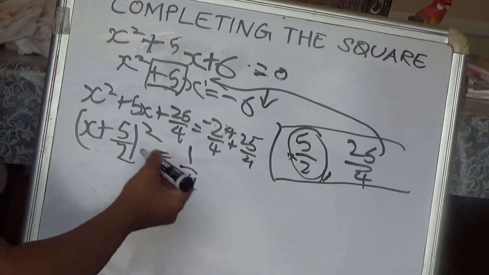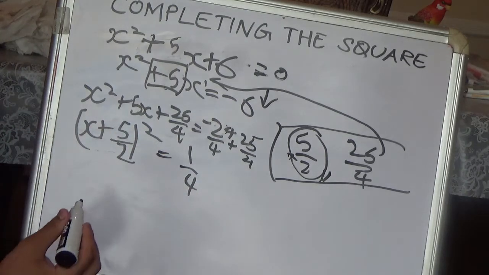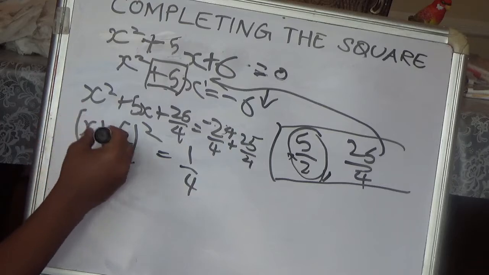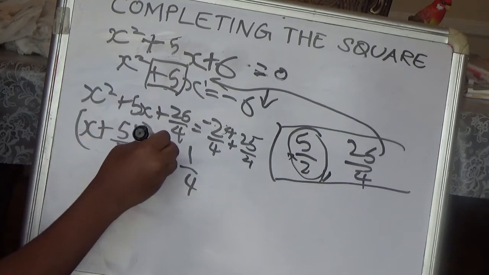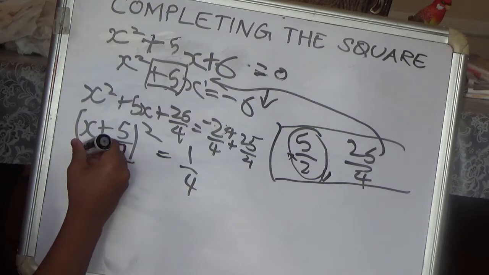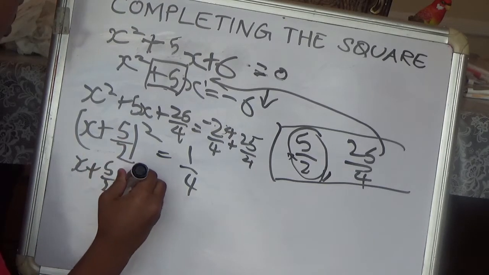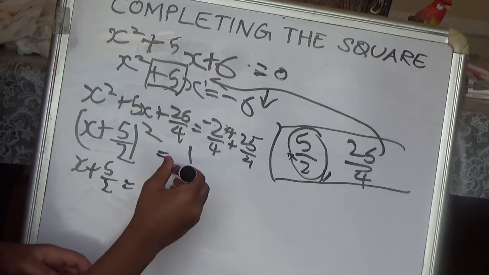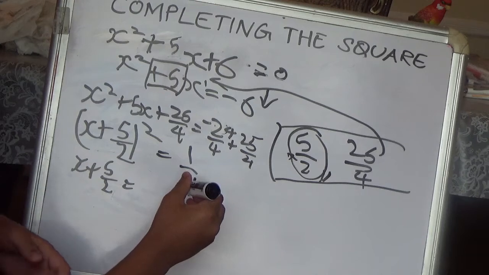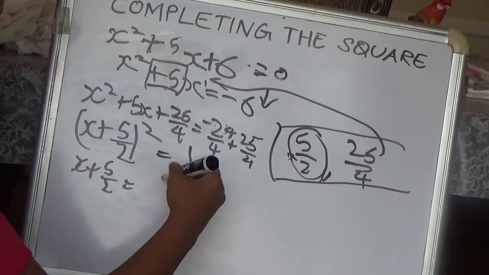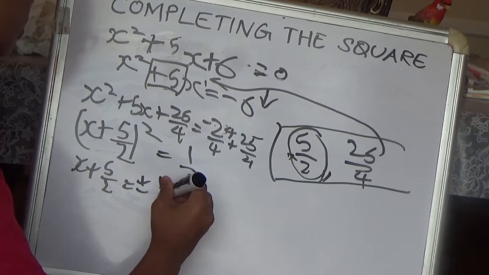Now, since we have a square on the left, we take the square root of both sides, because what you do to one side, you do to the other. x plus 5 over 2 equals plus or minus 1 over 2, since whenever you take a square root it's plus or minus, like the square root of 1 is plus or minus 1, because -1 times -1 is 1.